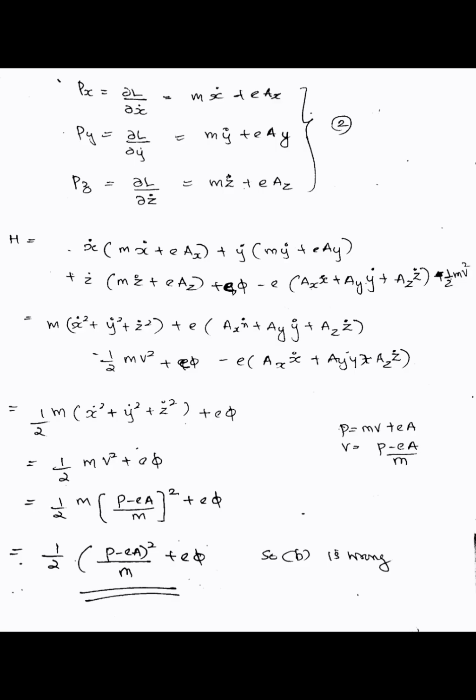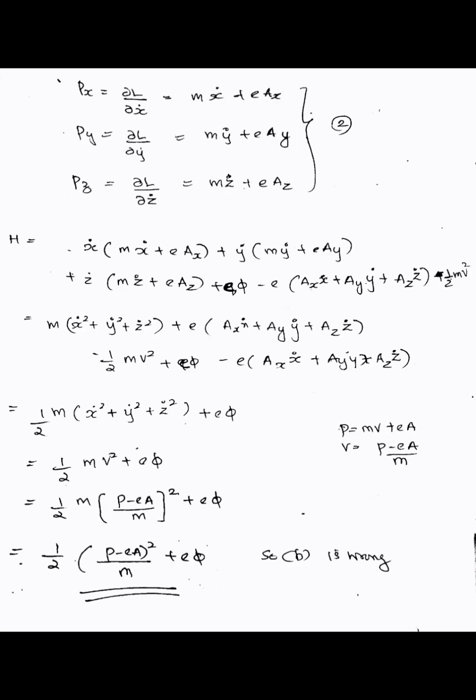So this is equal to m (x dot square plus y dot square plus z dot square) plus e (Ax x dot plus Ay y dot plus Az z dot) minus ½mv² plus eφ minus e (Ax x dot plus Ay y dot plus Az z dot). So from here, the e (Ax x dot plus Ay y dot plus Az z dot) term gets cancelled.